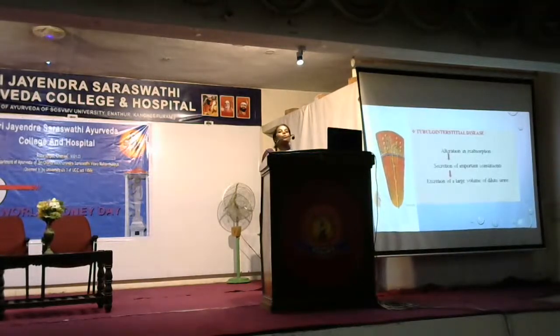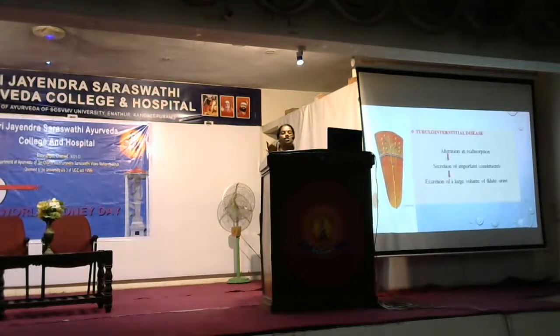Then next is tubulointerstitial disease. As madam introduced, there will be the glomerular apparatus, the tubular part and the collecting part. Any damage in the tubular system of the kidney will lead to tubulointerstitial diseases.